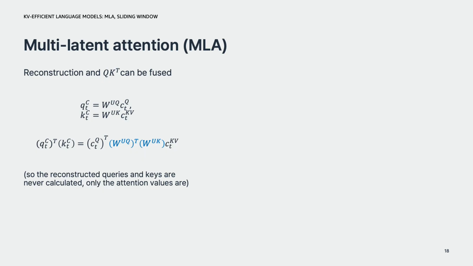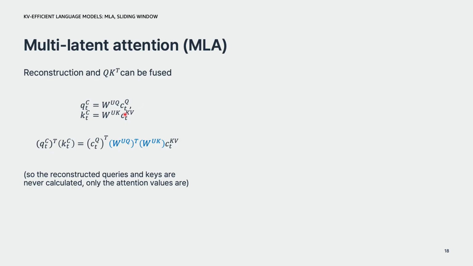An important aspect of MLA is that reconstructing queries and keys and QK^T can be fused. So let's look at the equations. Here c_Q is the query latent and q_C is constructed from this latent. Likewise, c_KV is the KV latent and k_C is the key. What we want to do with these queries and keys is a dot product.